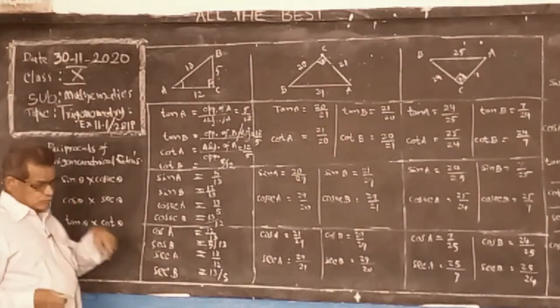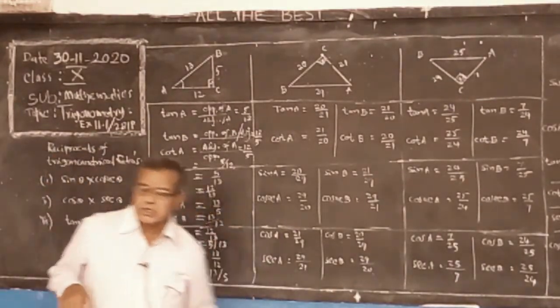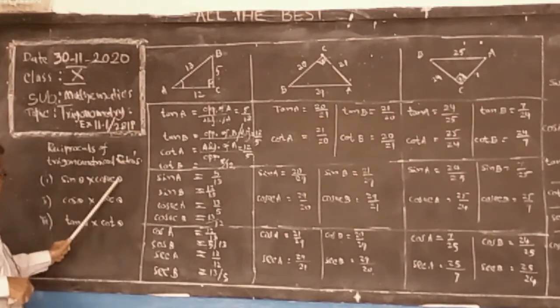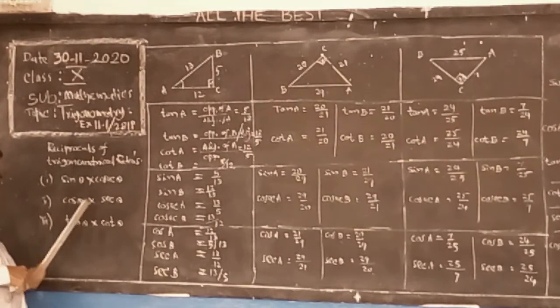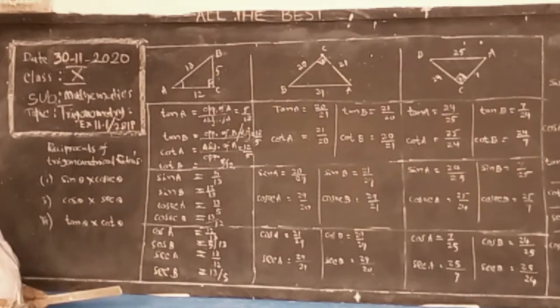Reciprocal of sine is cosec: sin theta, cosec theta, cos theta, sec theta, tan theta, cot.